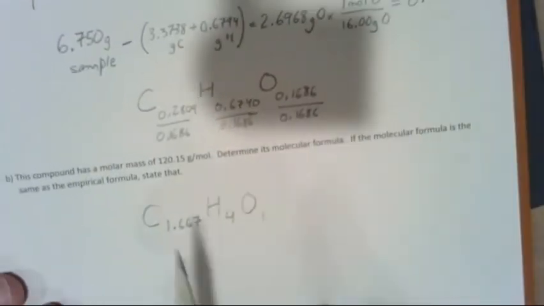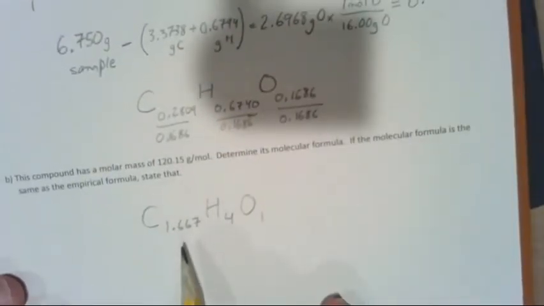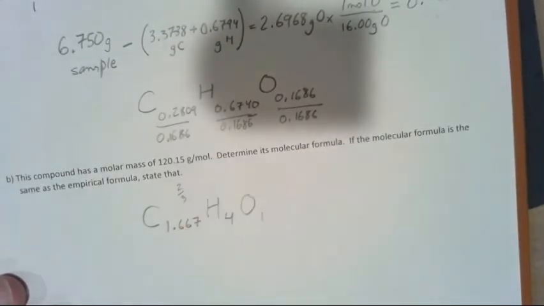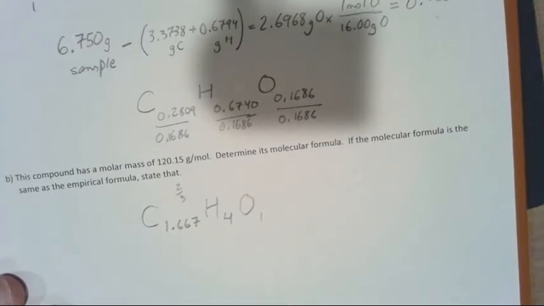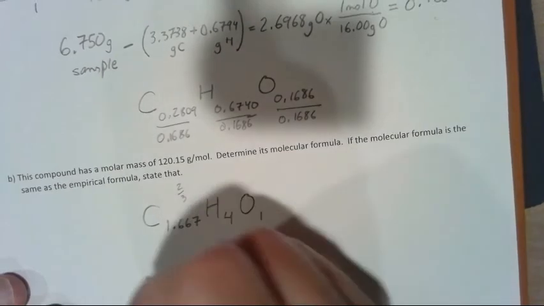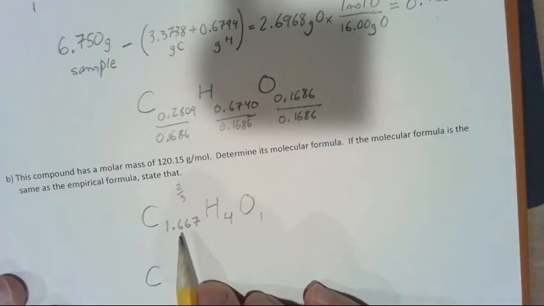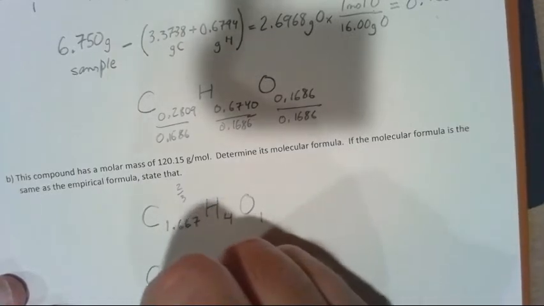Now, the problem here is that this is not close enough to 2 to round it. So we have to use some fractions here. We know that 0.667 is 2/3. And if we want to get rid of thirds to get whole numbers, we would multiply this by 3. Well, if we multiply this by 3, we'd have to multiply the whole thing by 3. So we would get carbon 1.667 times 3 would be 5.